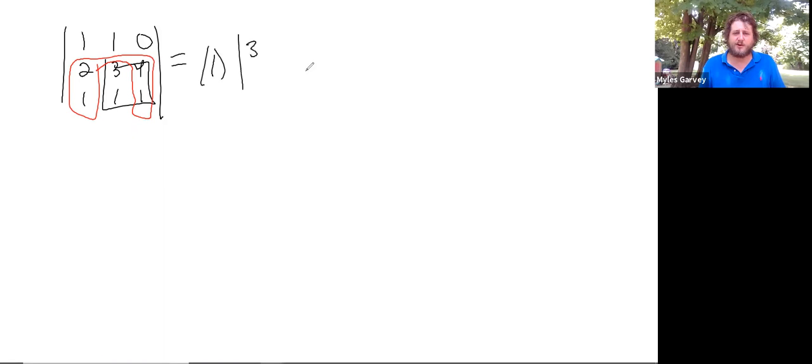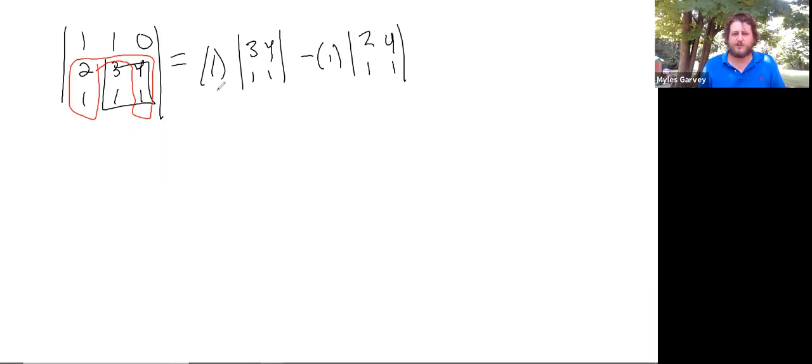nope, 1 times determinant of that matrix, plus 0 times determinant of this, but I don't care about 0 because 0 goes away. So this is 1 times determinant of 3, 4, 1, 1 minus 1 times determinant of 2, 1, 4, 1.